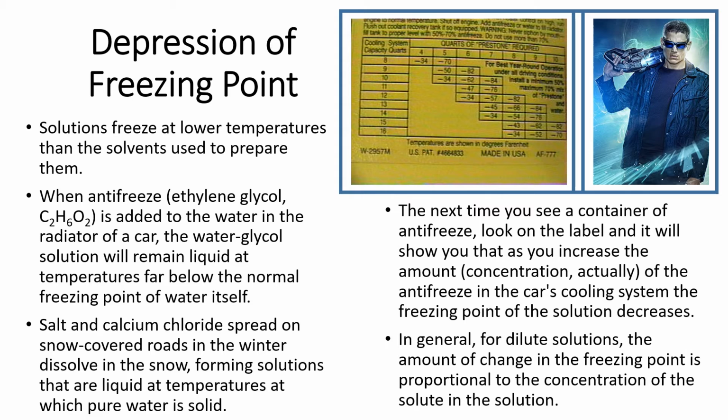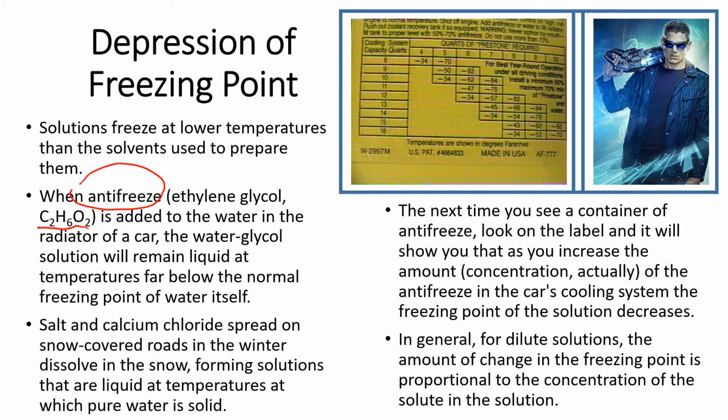So for example, antifreeze, ethylene glycol right here, C2H6O2. So this most likely will be a non-electrolyte, and therefore the Van Hoff factor will be 1. Remember that from the last lecture. When it's added to the water in the radiator of a car, this actually will decrease the freezing point of the water itself.